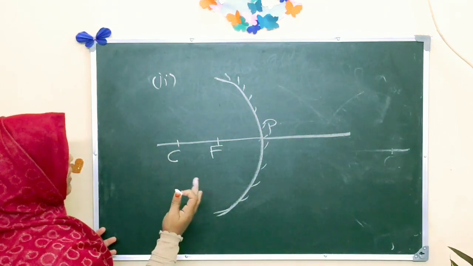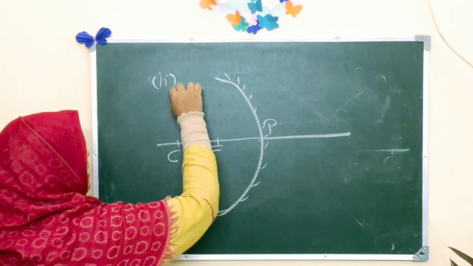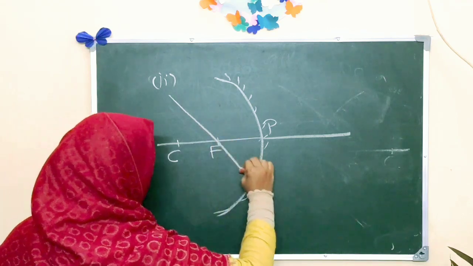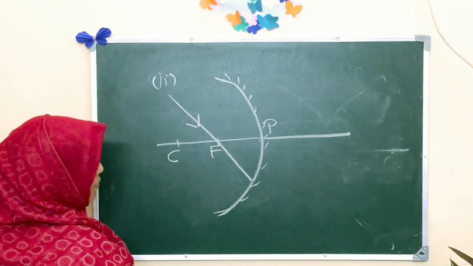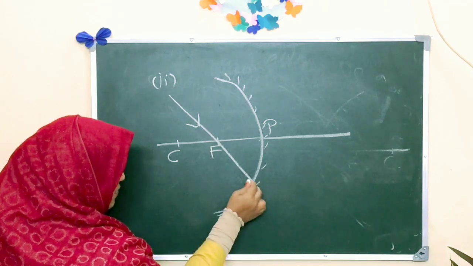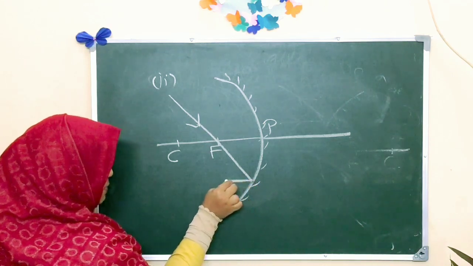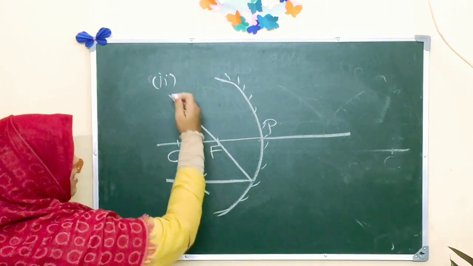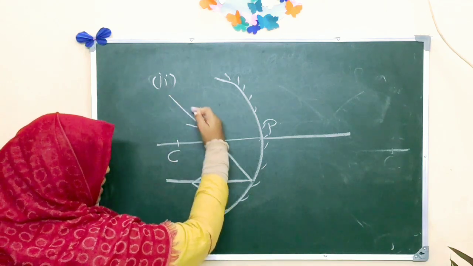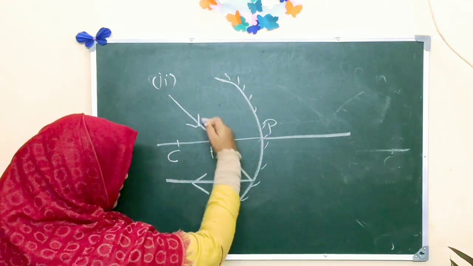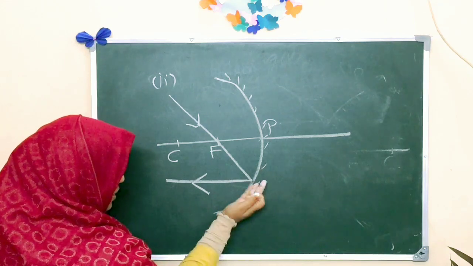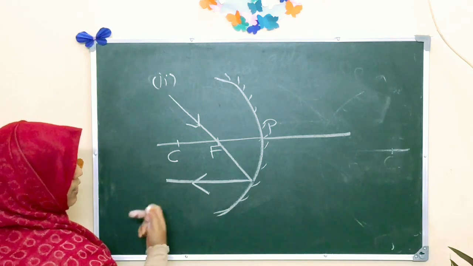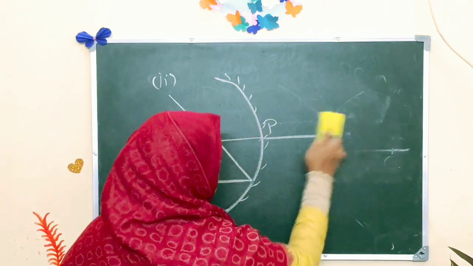In this second rule, if any incident ray passes through the principal focus, after reflection it passes parallel to the principal axis. Listen, any incident ray of light passing through the principal focus, after reflection passes parallel to the principal axis.